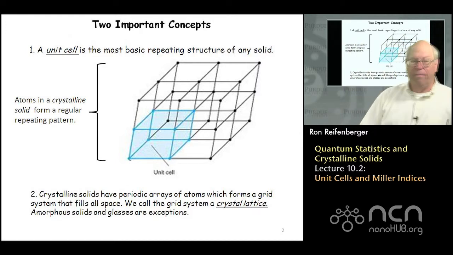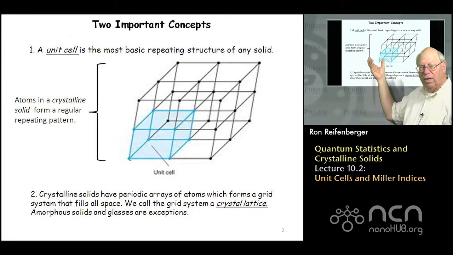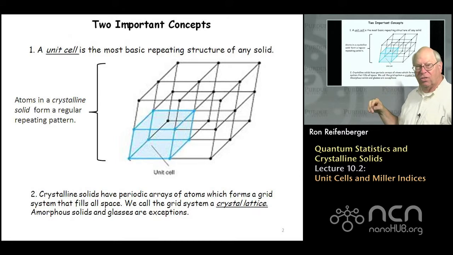The second important concept is the grid system that is used to define the crystalline solid. The grid system is shown schematically in this slide, and it indicates how you can translate this unit cell in all three dimensions in order to fill all space and produce a crystalline solid.